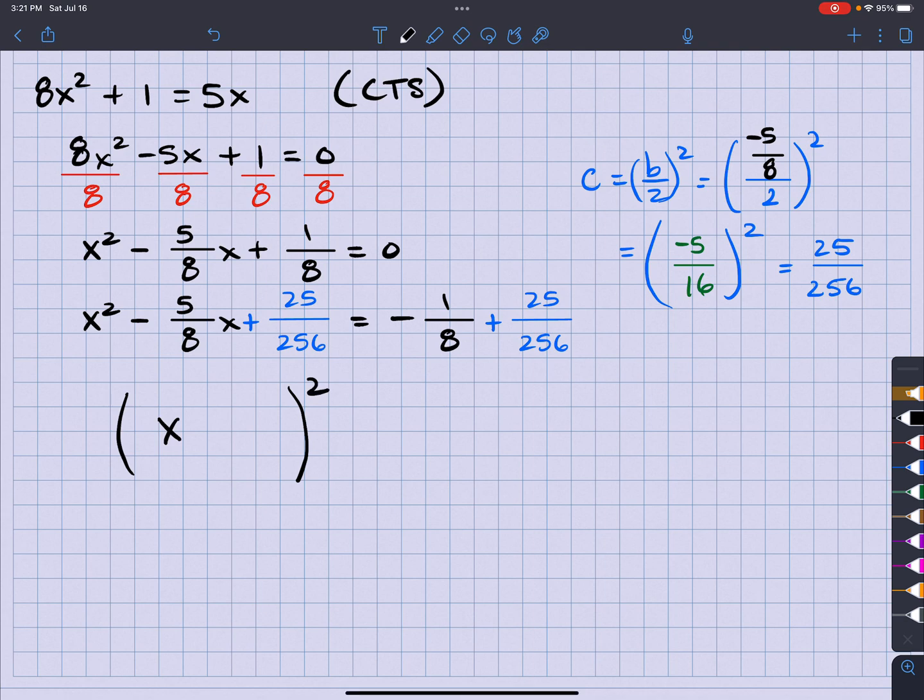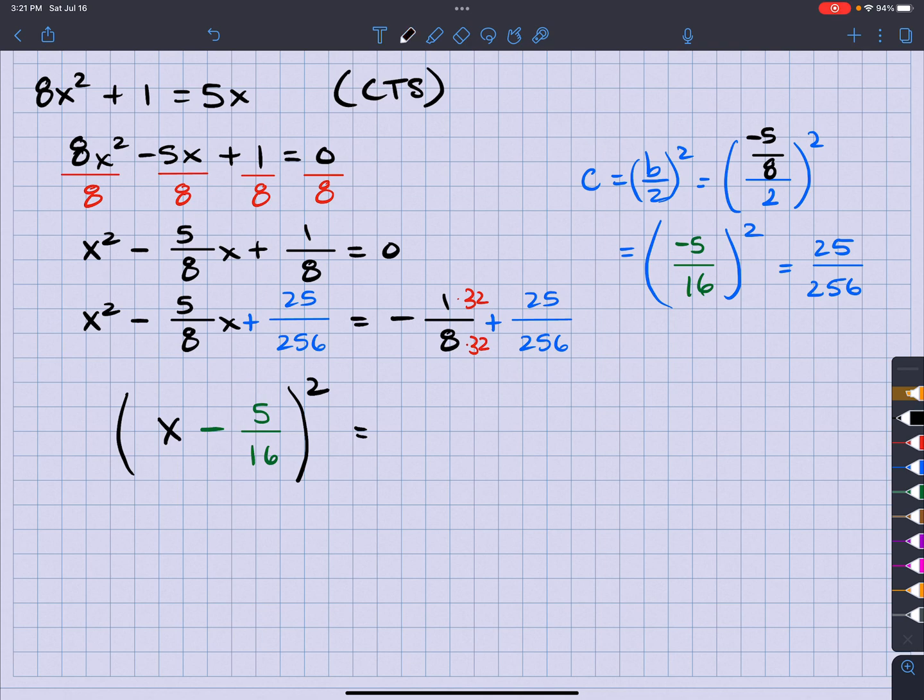And that is going to be the negative 5/16 quantity squared is equal to, okay, so the question is, what do I have to multiply 8 by to get 256? And that's going to be a 32. So I have a negative 32.